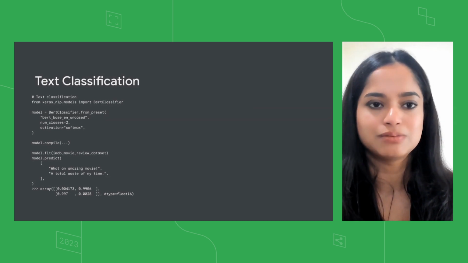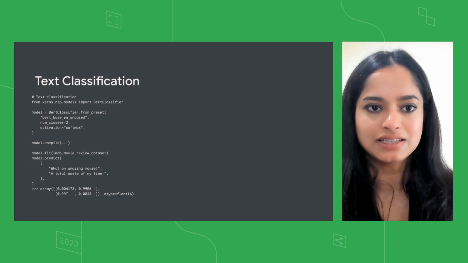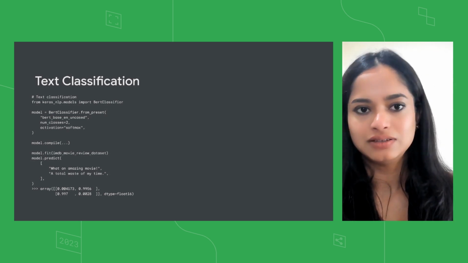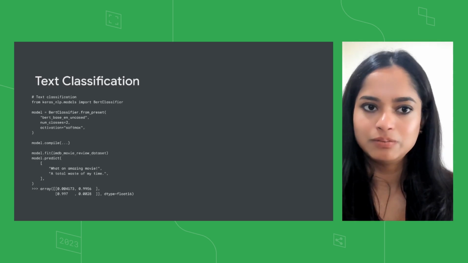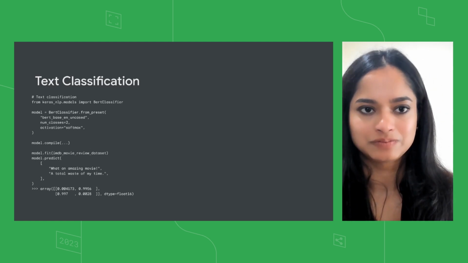For this reason, it is best to call from preset on the task model itself rather than passing an explicit backbone. So this will automatically give you a matching preprocessor class, which will tokenize and pad your input text to match the expectations of the backbone class.